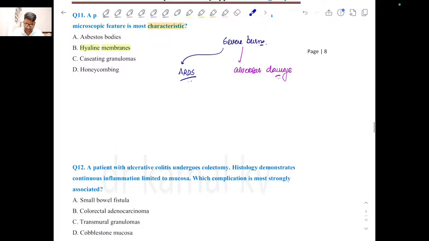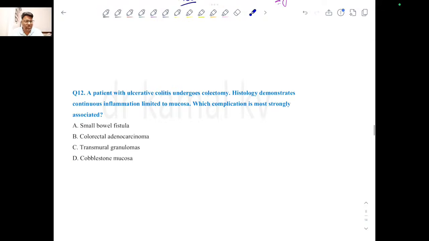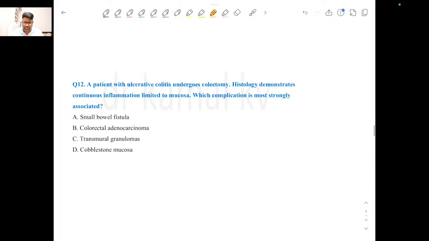So, hyaline membranes. Now, moving forward to one more very important topic and has been included many number of times. A patient with ulcerative colitis undergoes colectomy, right? And then what is seen on histology, that there is continuous inflammation which is limited only to mucosa. Now, what complication can be seen here?